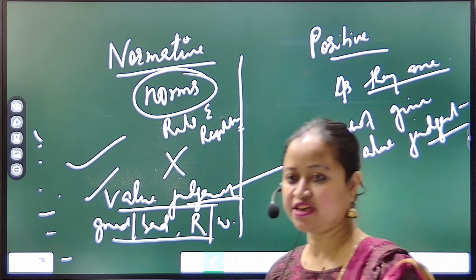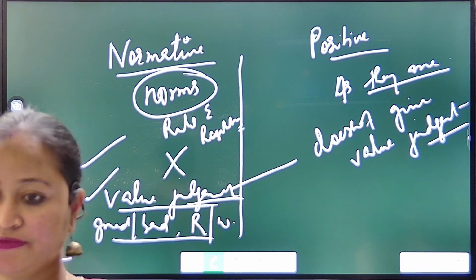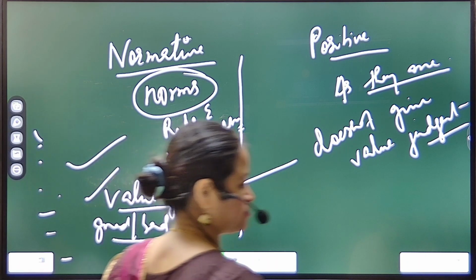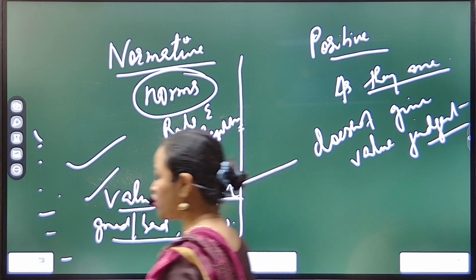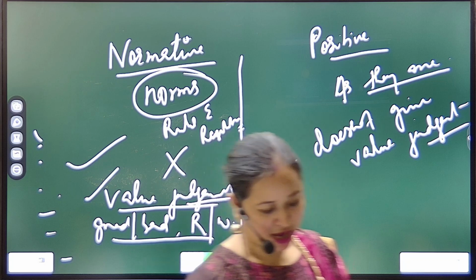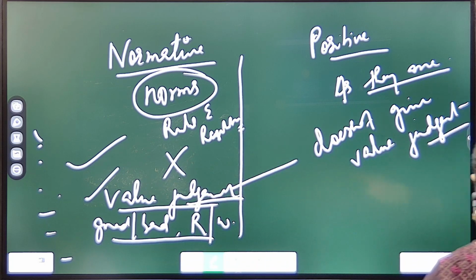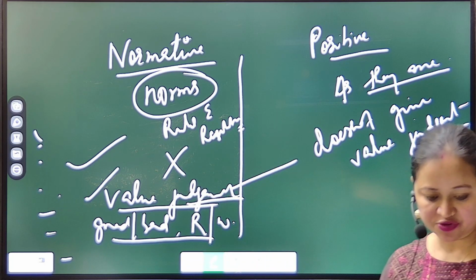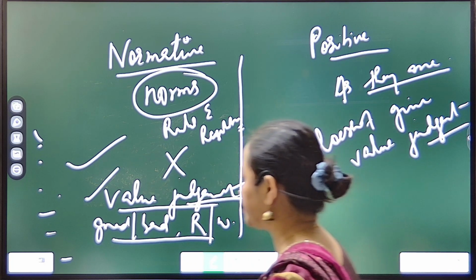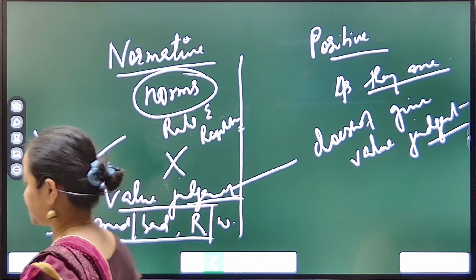Write down about positive and normative. Write down all the points about positive and normative economics from page number 12. Okay, write down the bold points from page number 12 about normative economics and about positive economics.